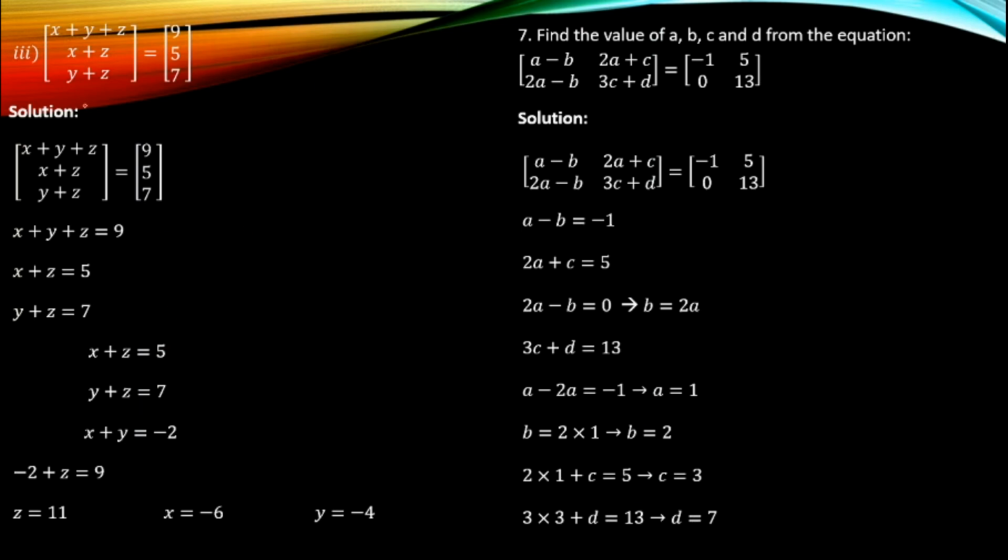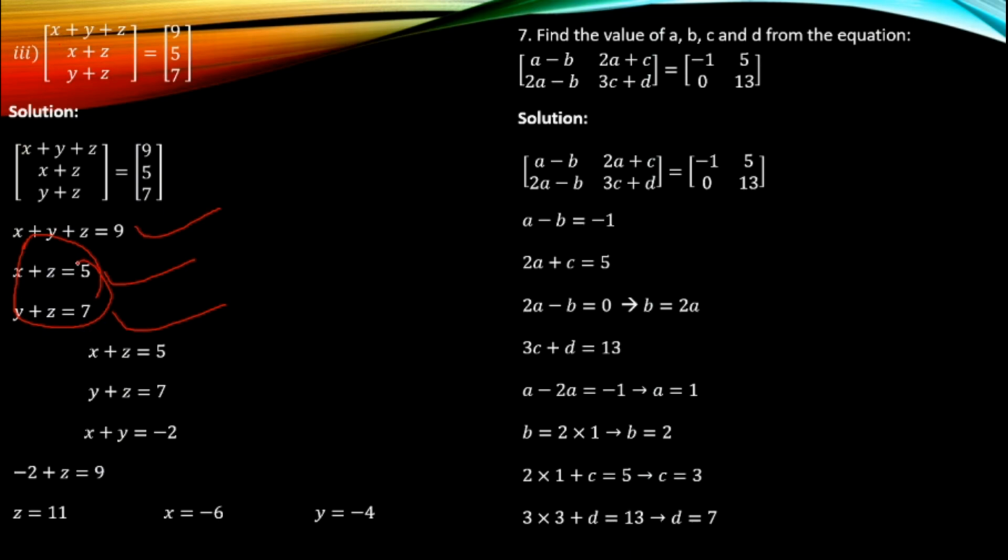So here, okay, still I'll solve this. x plus y plus z equal to 9, x plus z equal to 5, and y plus z is equal to 7. We'll use these equations and solve by our old method, the elimination method.